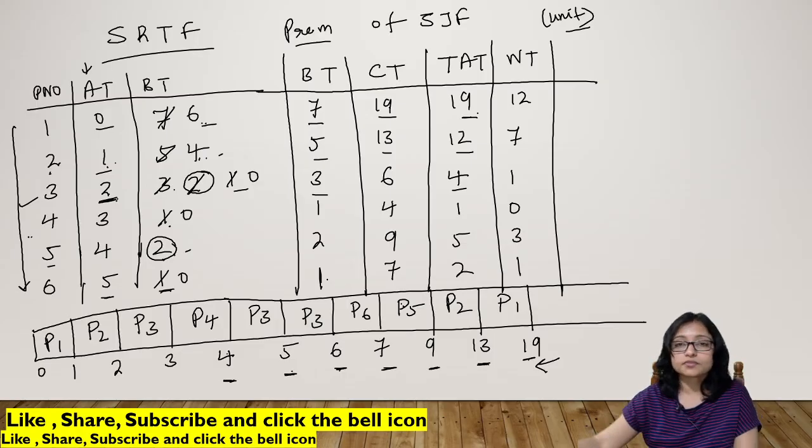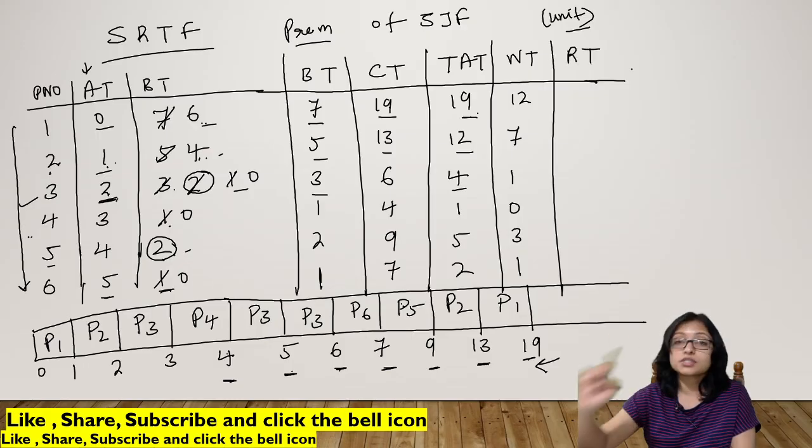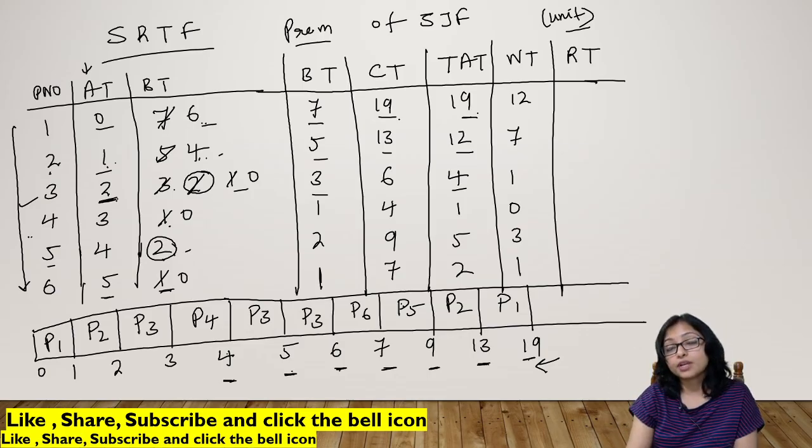Now what is the response time? See, as it is preemptive, response time and waiting time will be different. Previously you saw in FCFS, response time and waiting time were the same. But here they will be different. Why?